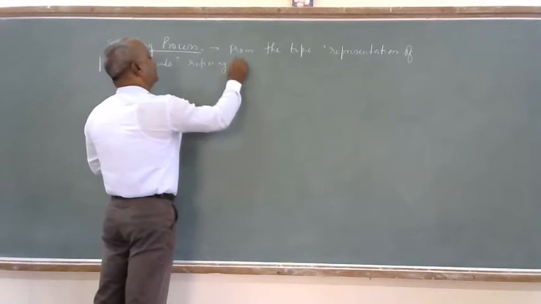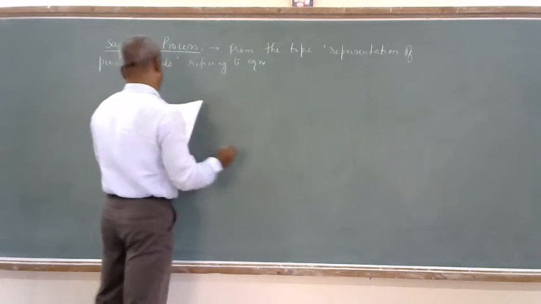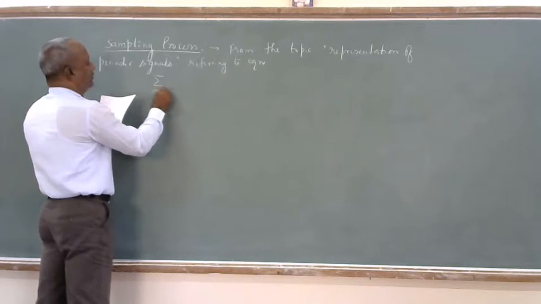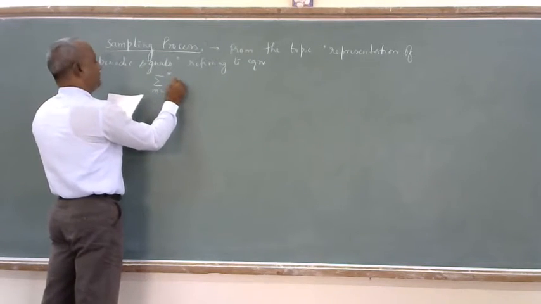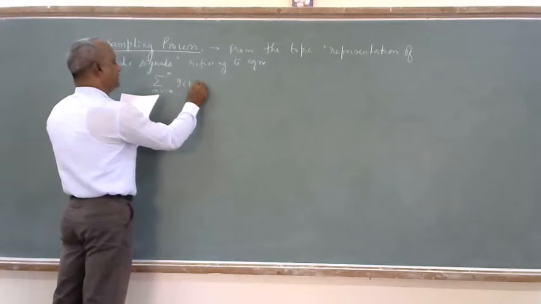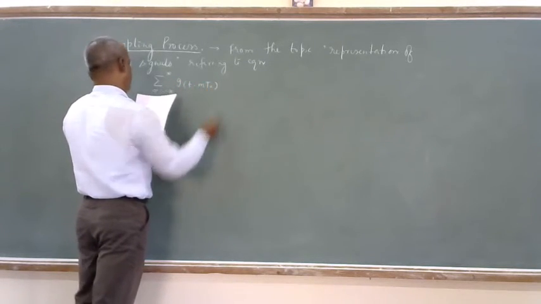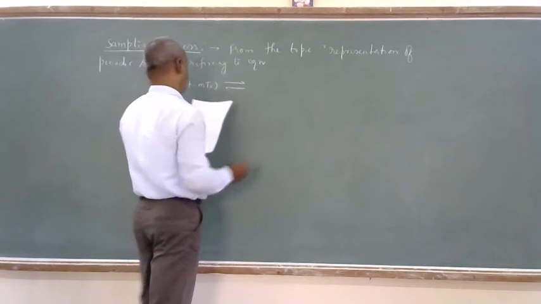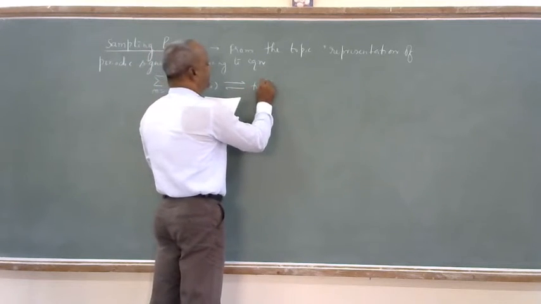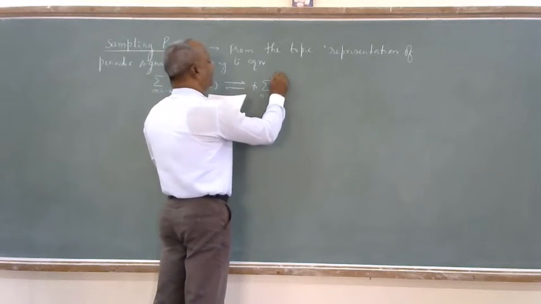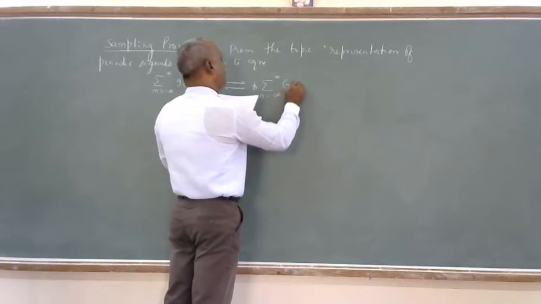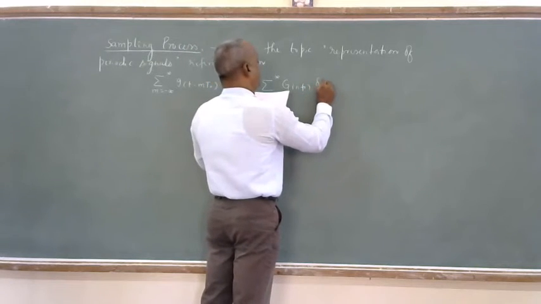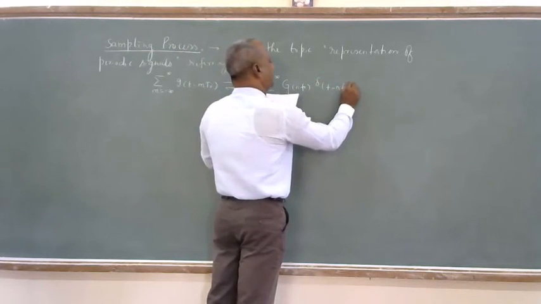Referring to the equation: the summation over m equals minus infinity to plus infinity of z of t minus m t naught, FT pair, f naught summation over n equals minus infinity to plus infinity of z of n f naught delta of f minus n f naught.